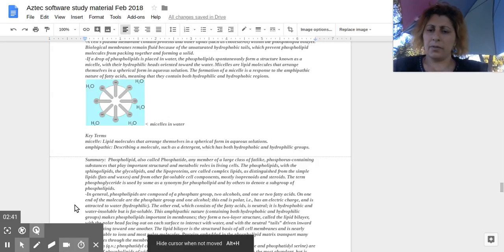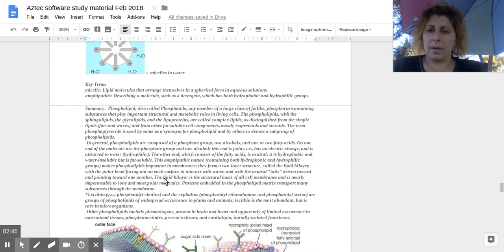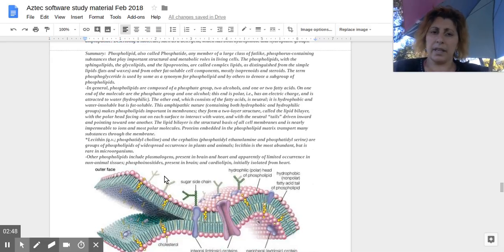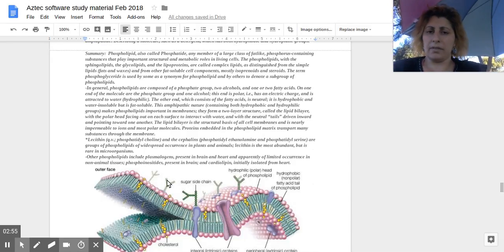In summary, phospholipids, also called phosphatides, are any member of the large class of fat-like phosphorus-containing substances that play important structural and metabolic roles in living cells.